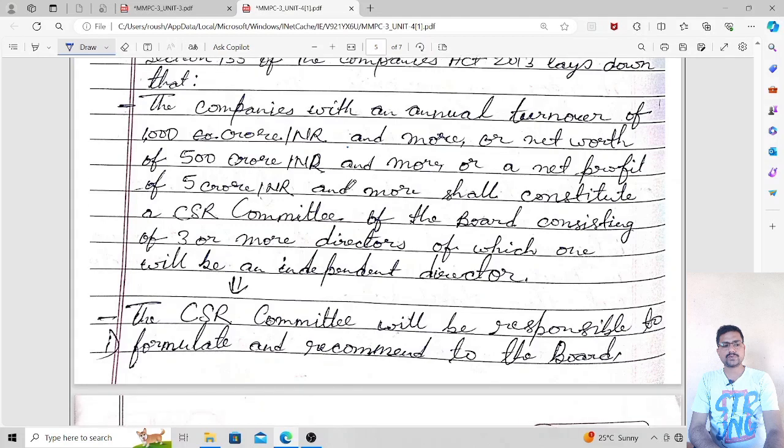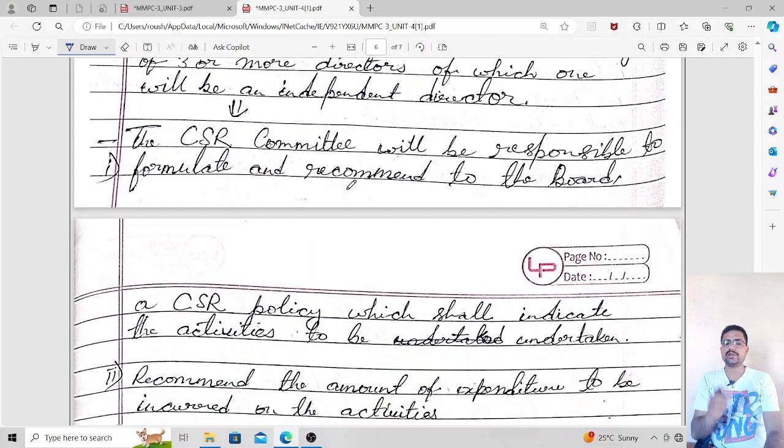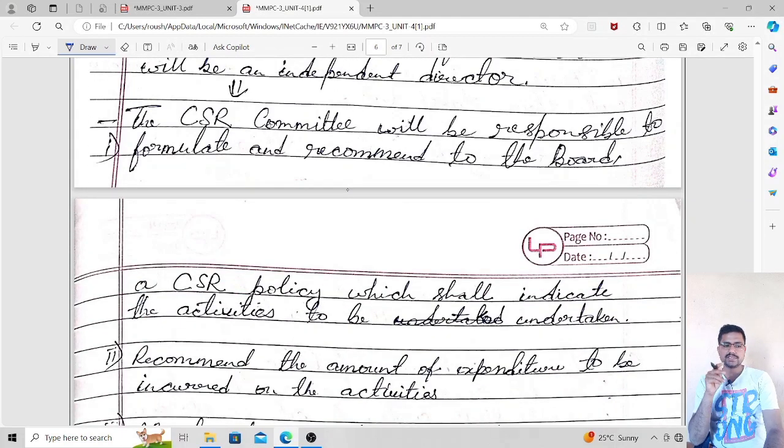The CSR committee will be responsible for formulating and recommending to the board a CSR policy which shall indicate the activities to be undertaken. So what kind of CSR activities should be taken by the organization should be recommended by the CSR committee.